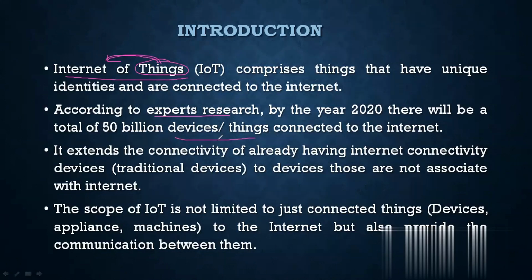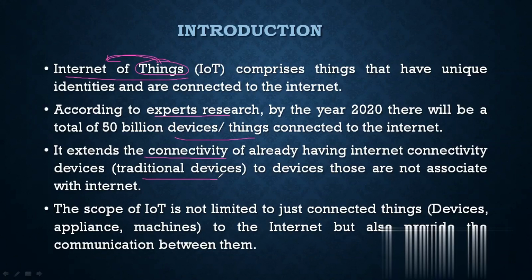And why is this IoT increasing drastically these days? It extends the connectivity from devices that already have internet connectivity to devices that are not associated with the internet. Traditional devices that have internet connectivity capability, for example our mobiles, computers, laptops, and tablets, all had internet connectivity in the past days.